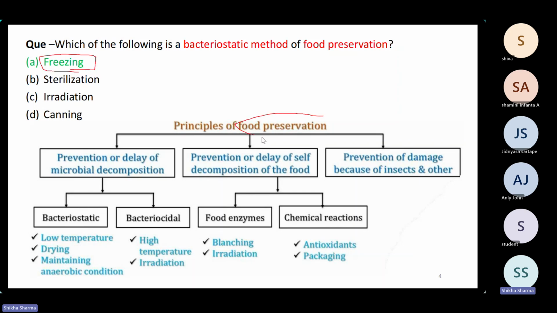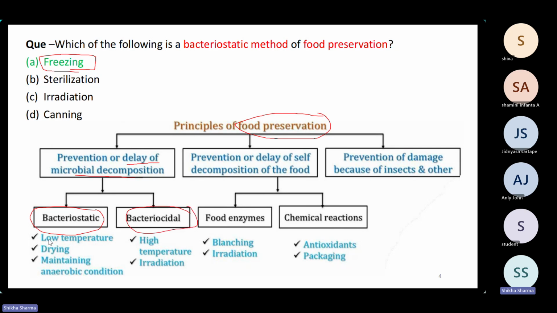Methods for food preservation can be divided into several subclasses based on different classification methods. If we are talking about the prevention or delaying of microbial decomposition, it can be divided into bacteriostatic and bactericidal.